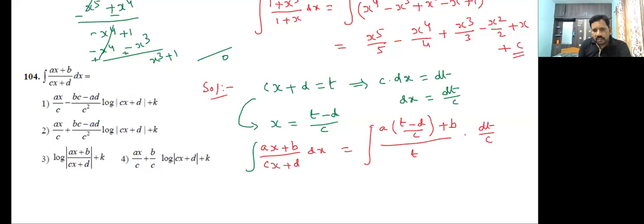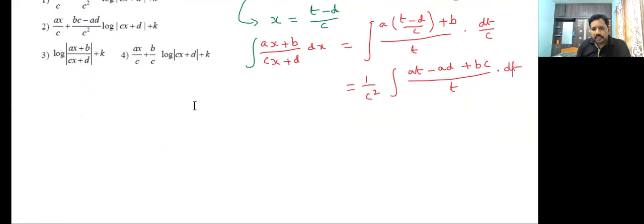And here take the LCM in the numerator and that LCM should be taken outside. Overall you will get 1 by c square outside. Integration of at minus ad plus bc, divided by, I think this is not at, this is ad now, by t into dt.